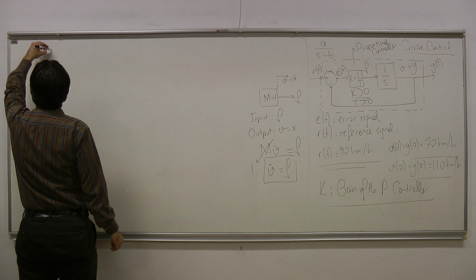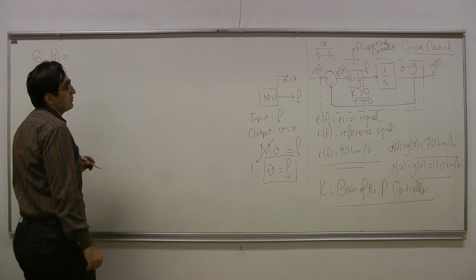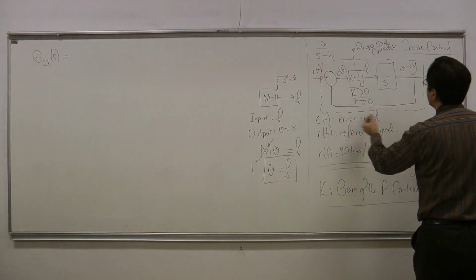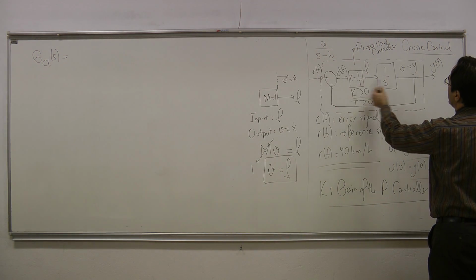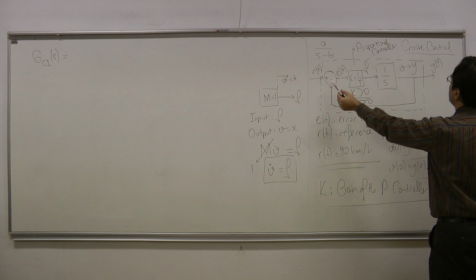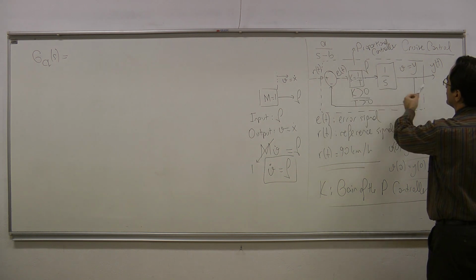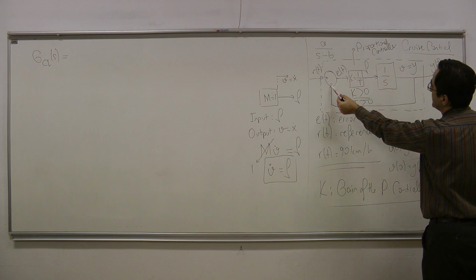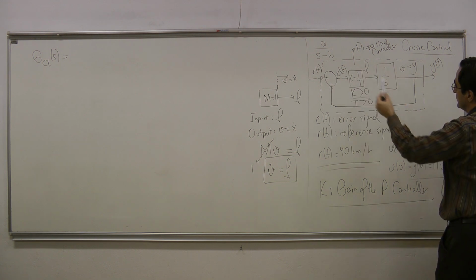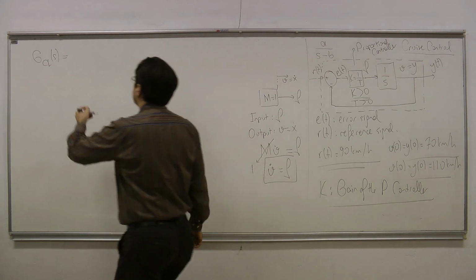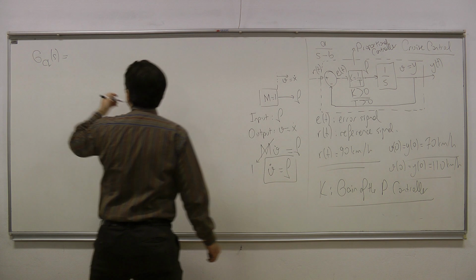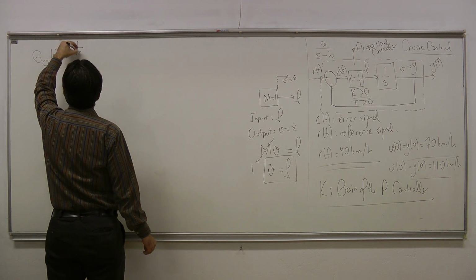G closed loop of S is equal to, we know how to calculate the overall transfer function of such a feedback loop. We first write the forward path transfer function, divided by 1 plus everything in the loop. What is the forward path transfer function? It is the multiplication of these two blocks, and it is 1 over Ts.